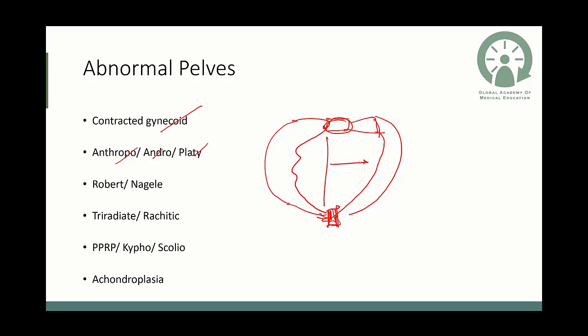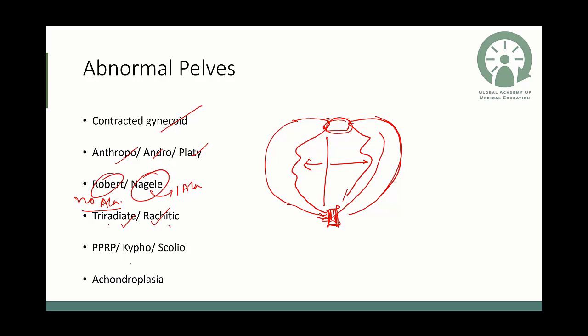So this is known as a Naegele's pelvis, whereas if the ala is absent on both sides, so both sides are compressed, that is known as a Robert's pelvis. So Naegele's pelvis, one ala absent, Robert's pelvis, no ala. Okay. Triradiate or rachitic pelvis is seen in osteomalacia and rickets.